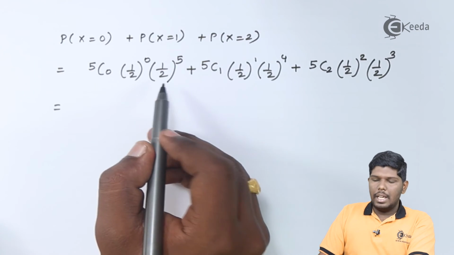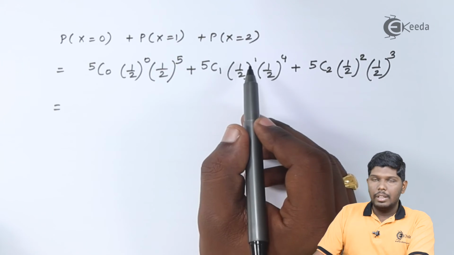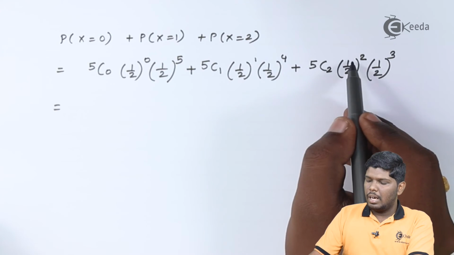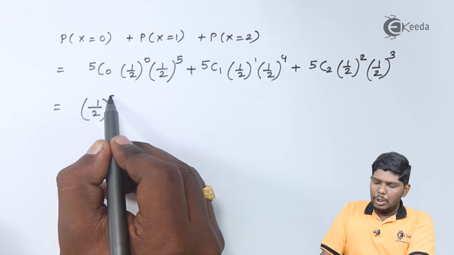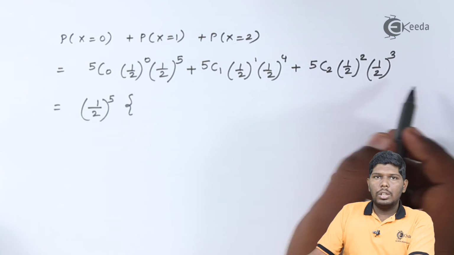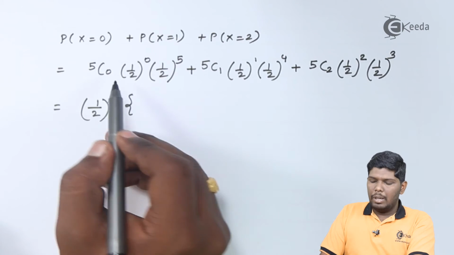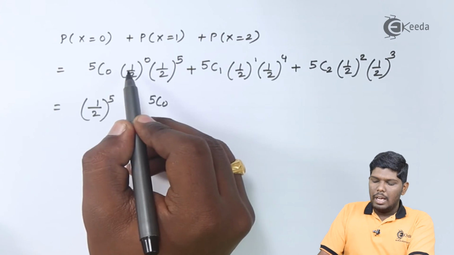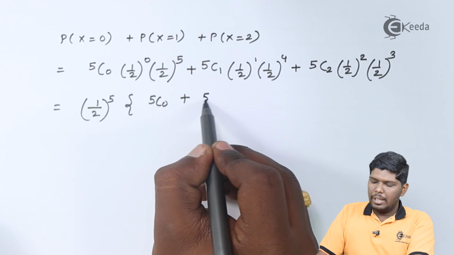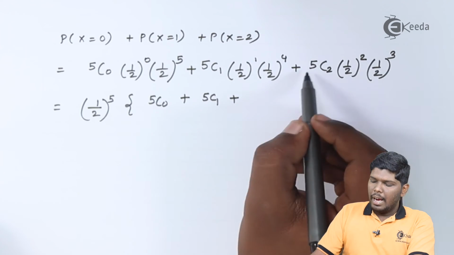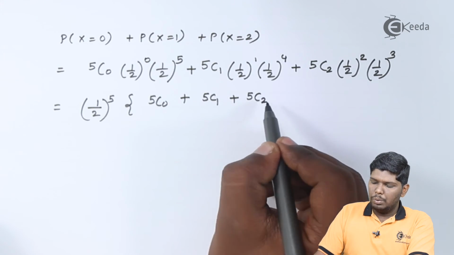If you see, in each case we have 1 by 2 raised to 5 common. Here also we have 1 plus 4, 5, again we have 2 plus 3, 5. So we can take 1 by 2 raised to 5 as common from all the three terms. Therefore the remaining part will be 5C0, anything raised to 0 is 1 only, plus from the second part we have 5C1 and from the third part we have 5C2.